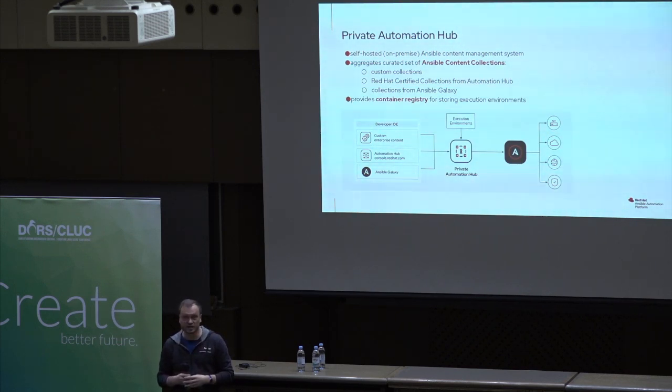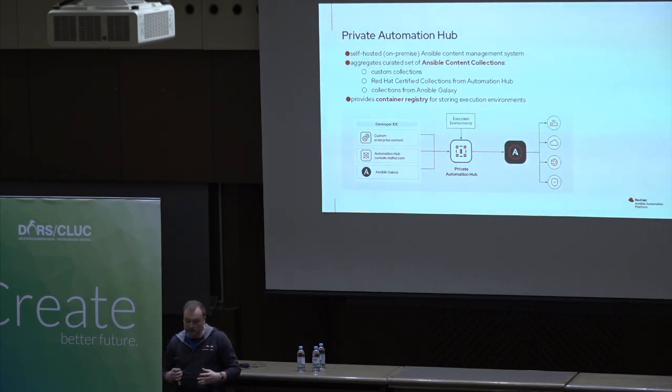First of all, we can create our own Ansible content collections. Secondly, we can aggregate content from Automation Hub, which I just mentioned on the previous slide, and also we can fetch content collections from Ansible Galaxy. So we can decide what content we are providing to our automation developers or automation users.